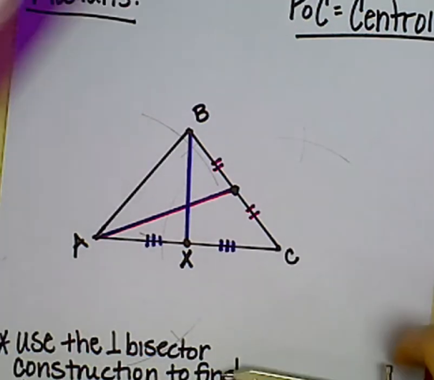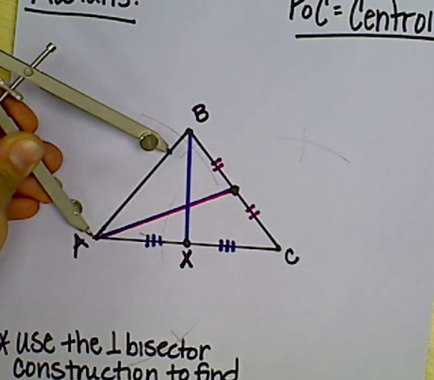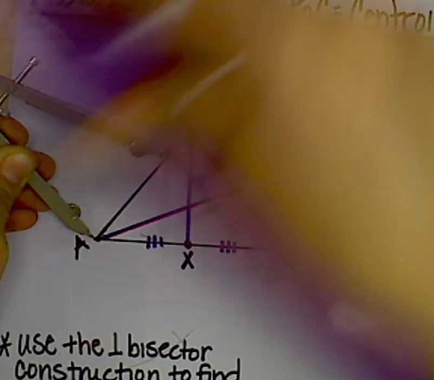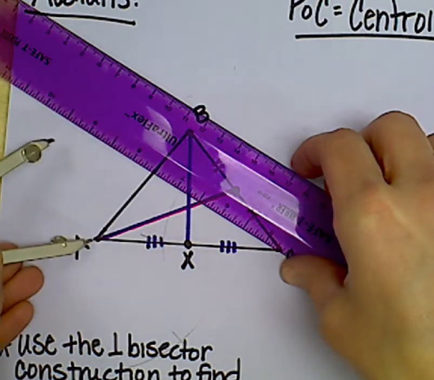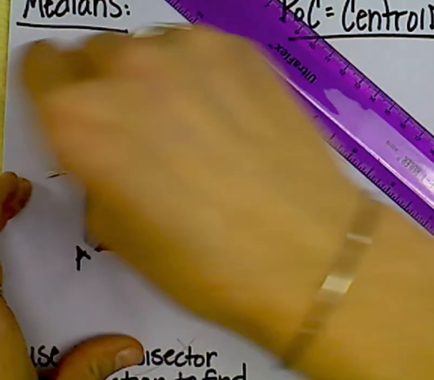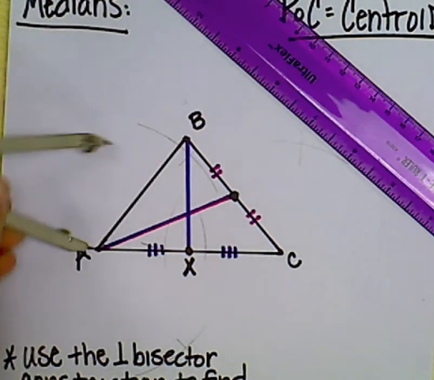Our last one is for AB. We want to, again, open more than half. Again, our median is going to come from this direction. So when we talk about our arcs above and below, one on this side, one down here. So we'll create our X here and here.